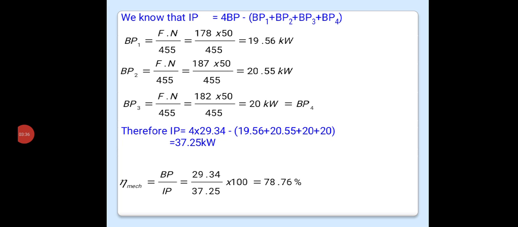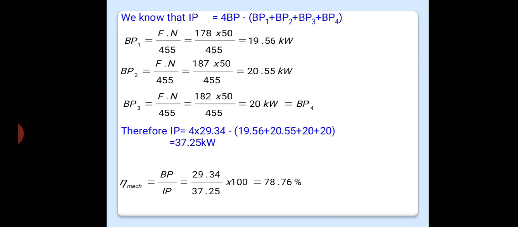We know that indicated power is equal to 4 into BP, minus the brake powers when the first, second, third and fourth cylinders are cut off. First we calculate BP1 is F into N divided by 455, where F is 178 and N is 50. So BP1 is 19.56 kilowatt.